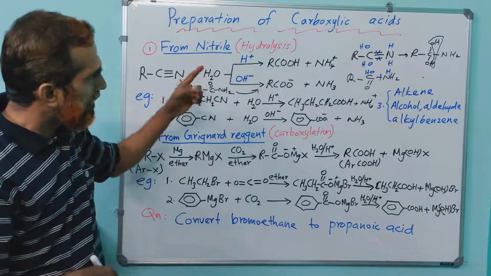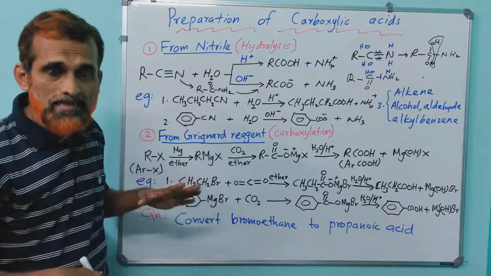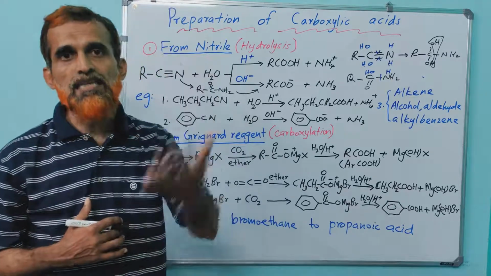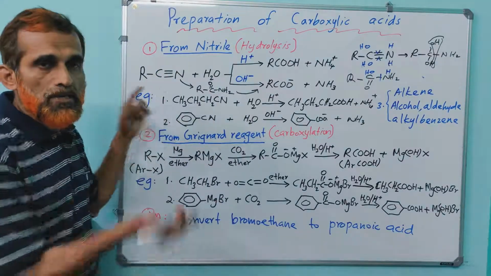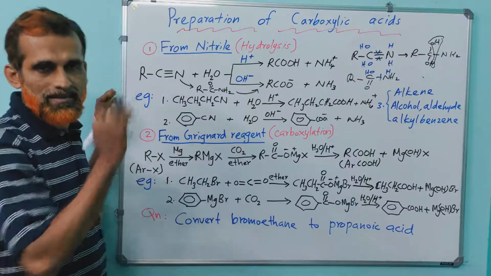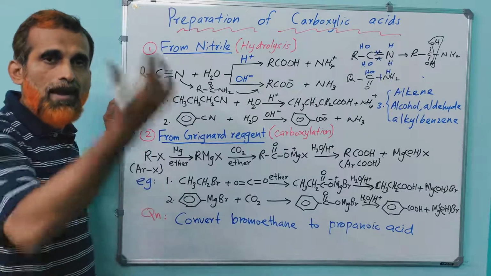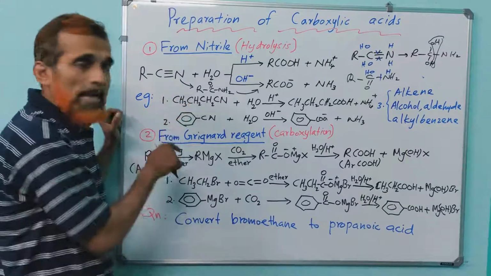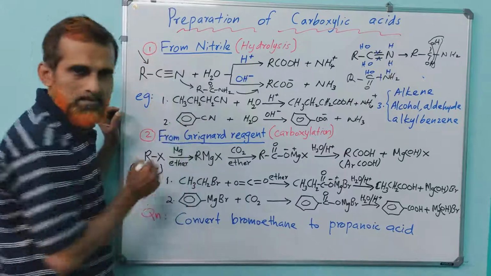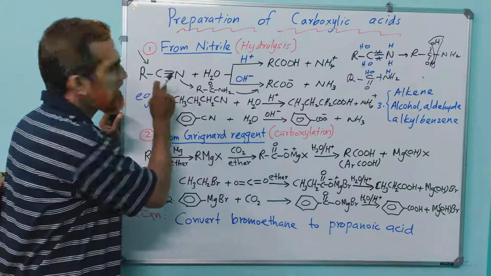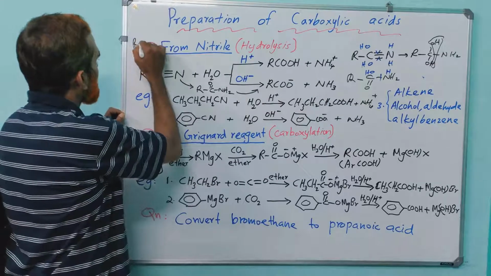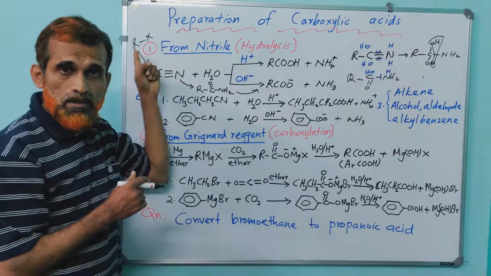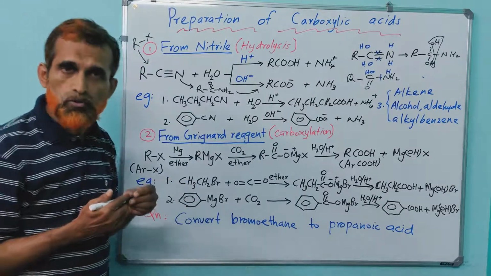Now importance of these two methods is that this can be used to step up the series or ascend the series. That means you can introduce a carbon into the chain and prepare a higher acid. See, cyanide or nitrile is generally produced from what? From which compound is this generally produced? From RX, that is alkyl halide. You might have learned this in alkyl halides, nucleophilic substitution reactions in your +2 course, right?